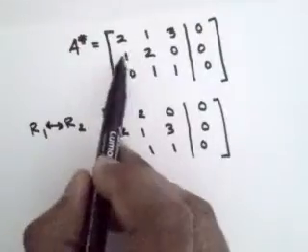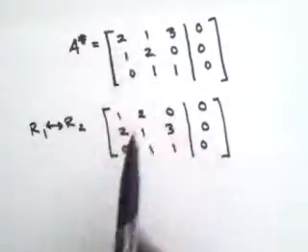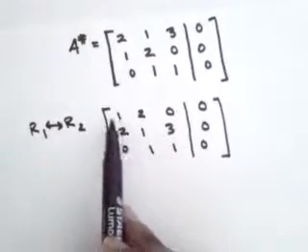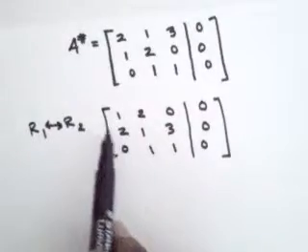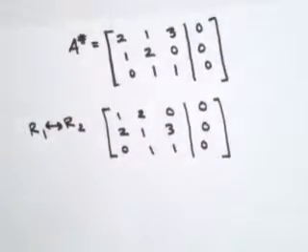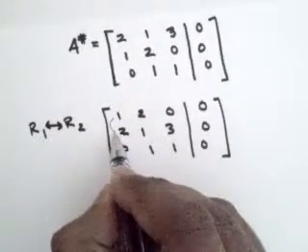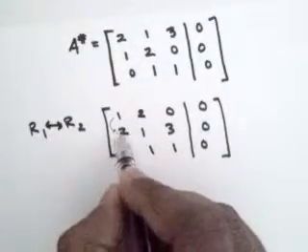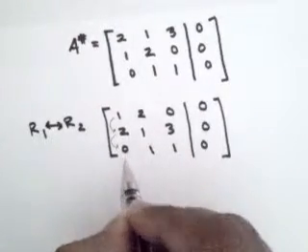So we can see that we have swapped the second row with the first row. So we now have a leading 1 here. Then we have to make all the elements below this leading one 0. So we'll make this 2 a 0 and we'll make the rest of the elements 0.